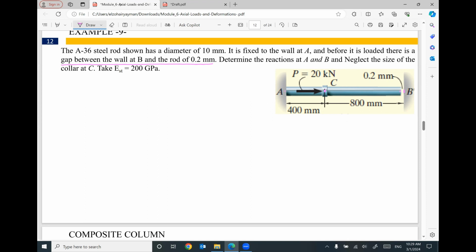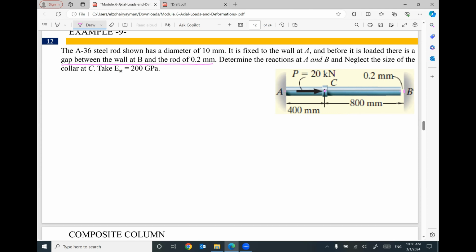So far, we don't have any contact between the end of the shaft and the wall. And I expect this 20 kilonewton will cause elongation in this shaft. So maybe the end of the shaft will hit the wall and maybe not.